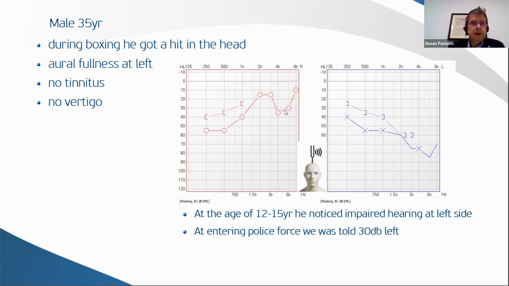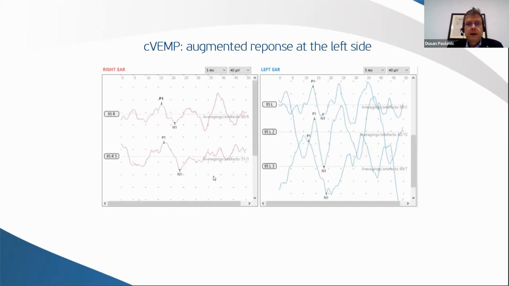So actually, we have here a history of head trauma, aural fullness at the left ear, and probably that represents deterioration of hearing at the left ear. It's strange, not accompanied by tinnitus, since it's acute.